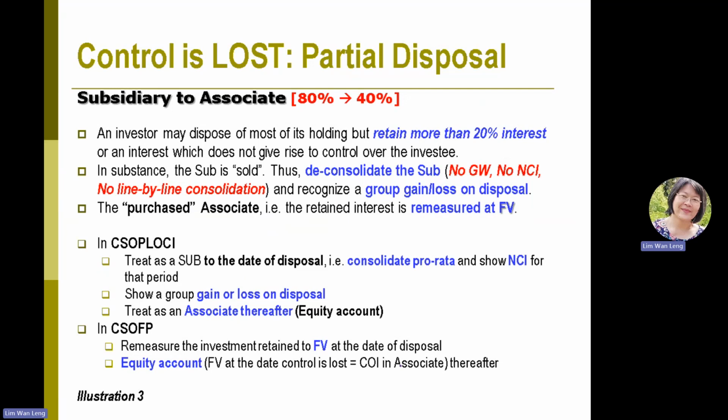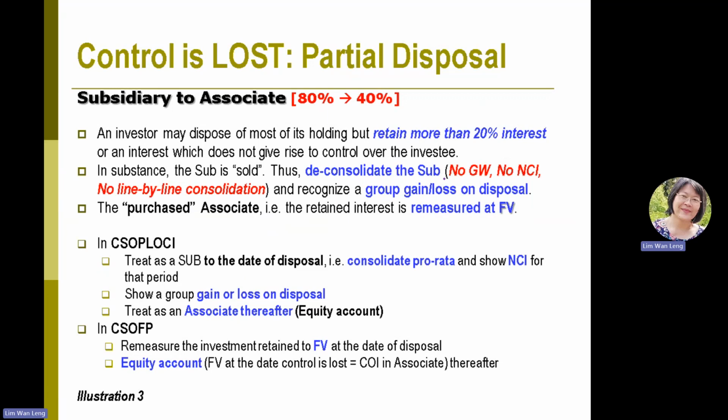So for an associate, what is the accounting treatment? Do you consolidate? You don't, right? You just equity account. So which means, let's say the first 3 months as a subsidiary, you deconsolidate. So goodwill also has to be eliminated, NCI also has to be eliminated.